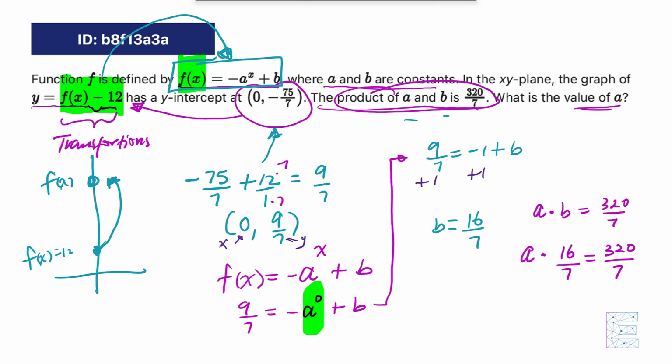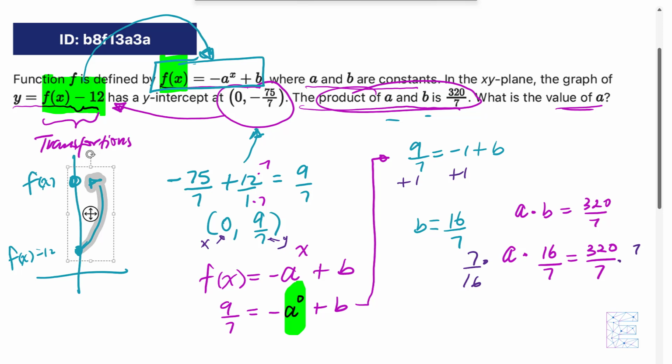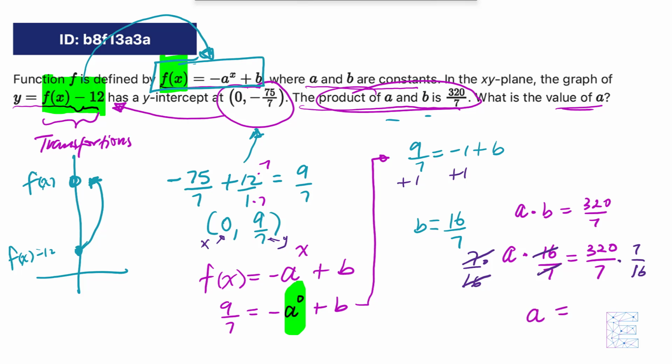So to solve for a, you multiply both sides by 7 over 16. Anytime you want to get rid of a fraction, you're going to multiply it by its reciprocal. So on the left side, the 7 cancels, the 16s cancel, and we have a, which is what we're solving for. That's the whole point. And on the right side, of course, you can use your calculator, but after doing a lot of math, you will find that the a value is 20, meaning the answer to this is 20.